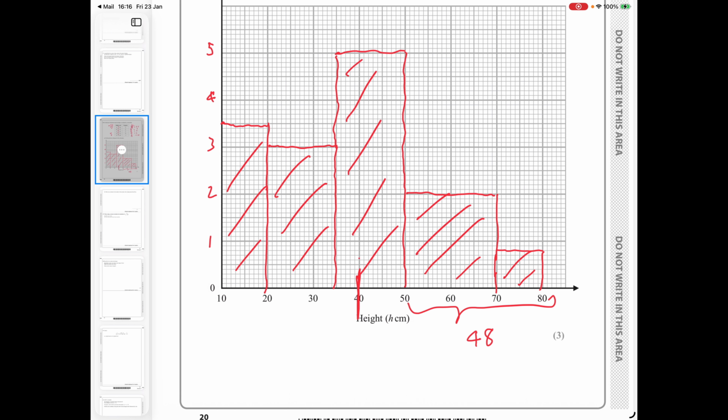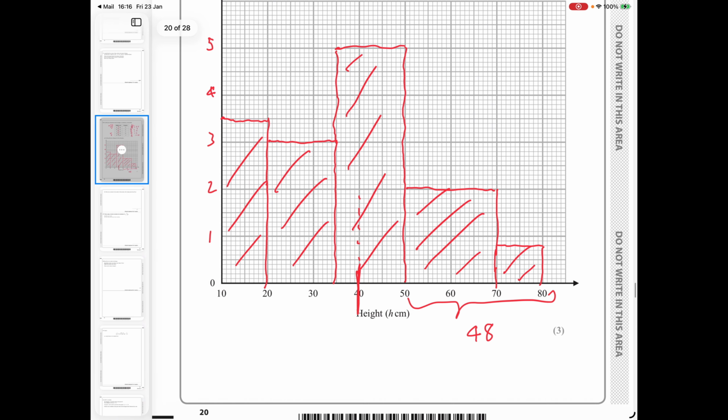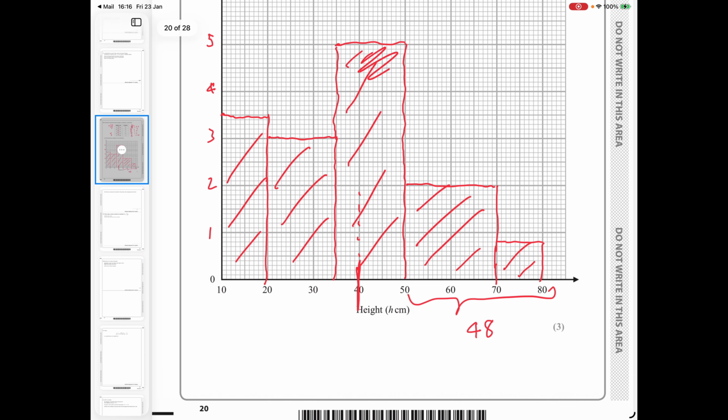Now what we've got to do is, this bit here was 75, I think. So we've got to assume that this is the bit that we're going to use. So we're going to do 2/3 of 75, which is 50.